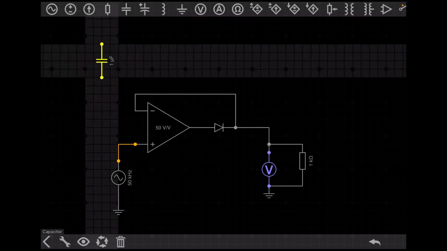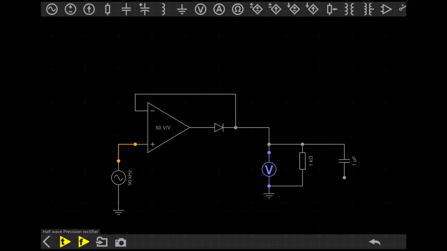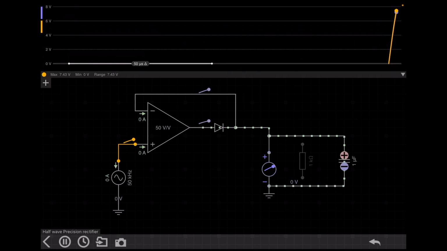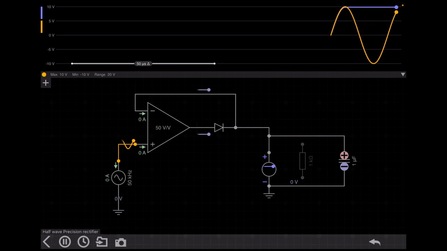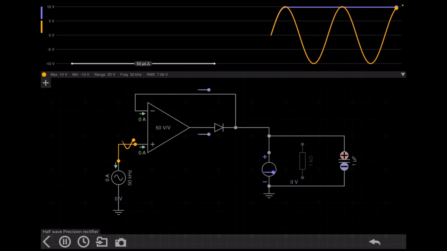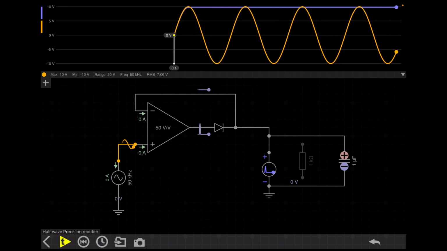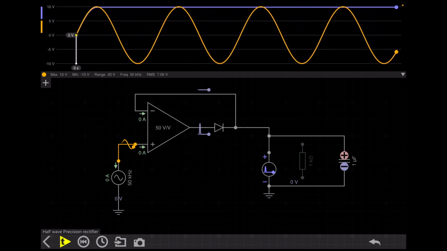So what do we need to do? We need to connect a capacitor. Now you can see that the output voltage is constant. Why? When the circuit just started, the blue line follows the orange line, which means the input and output are the same.